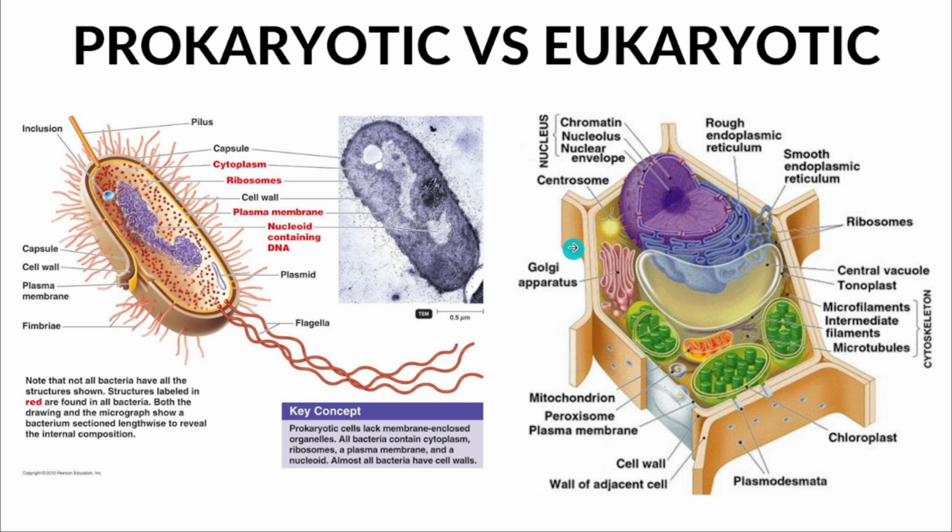One of the major differences between prokaryotic and eukaryotic cells is the flagella. Not all prokaryotic cells have flagella, you need to remember, but most of them do. In eukaryotic cells, there are normally no flagella.